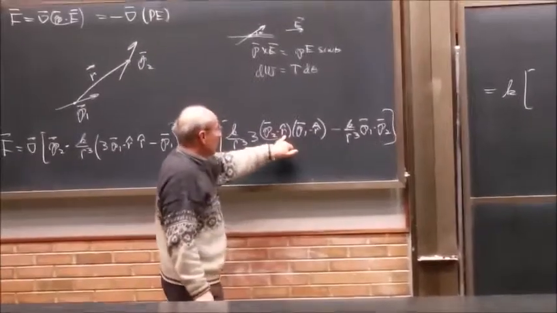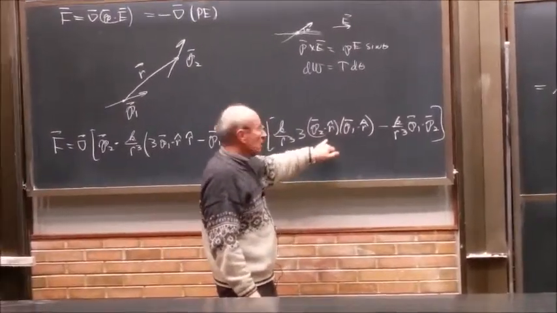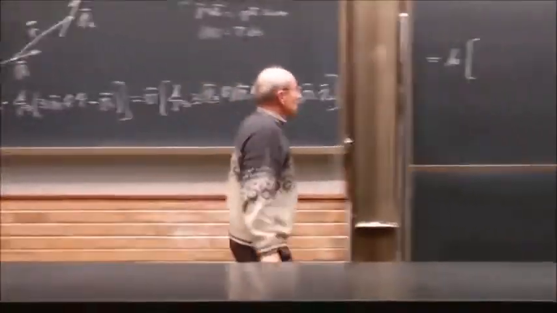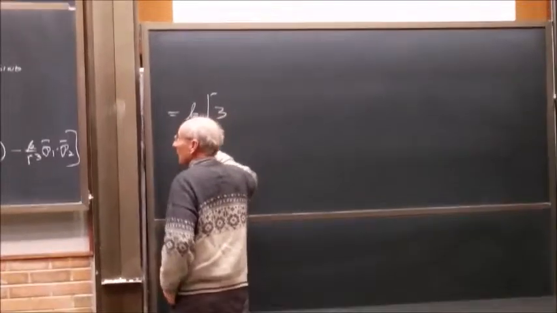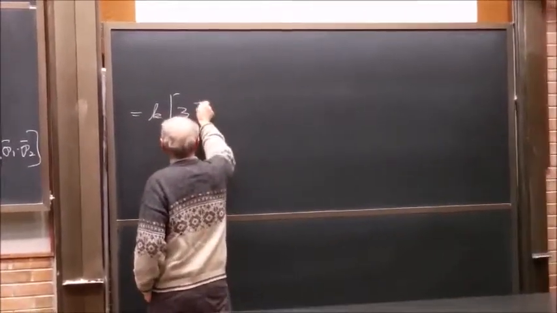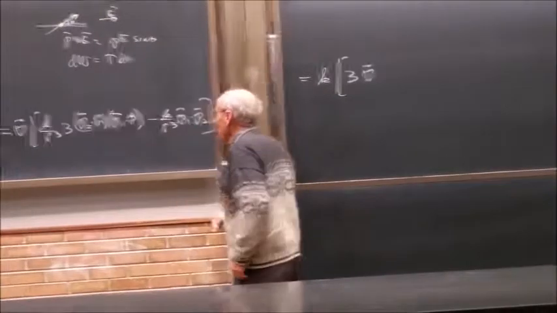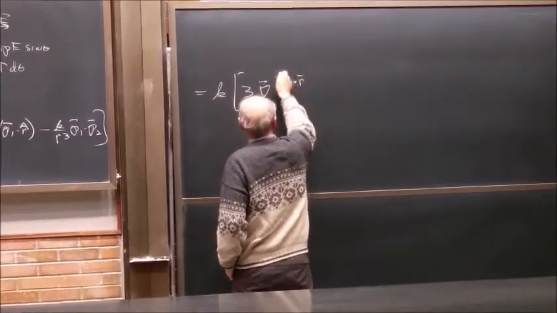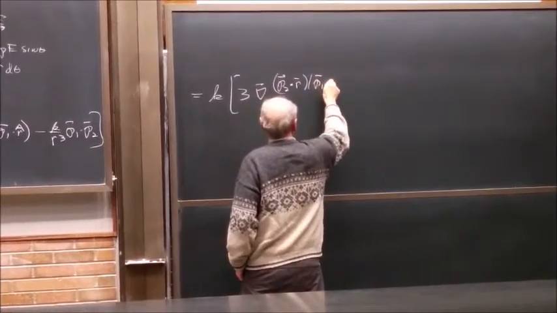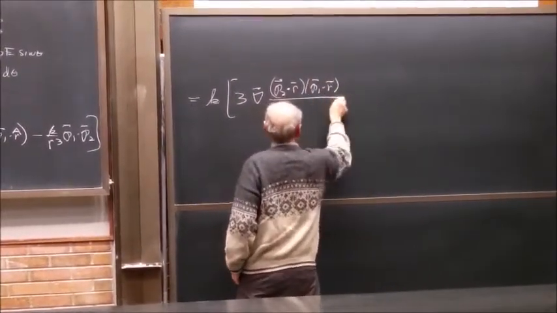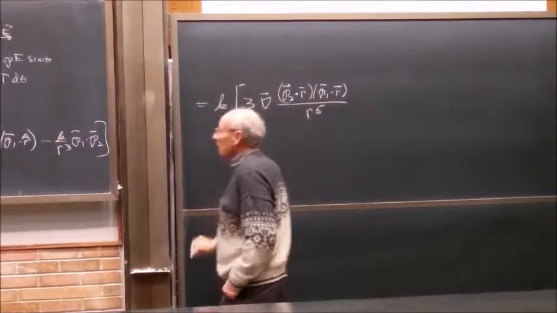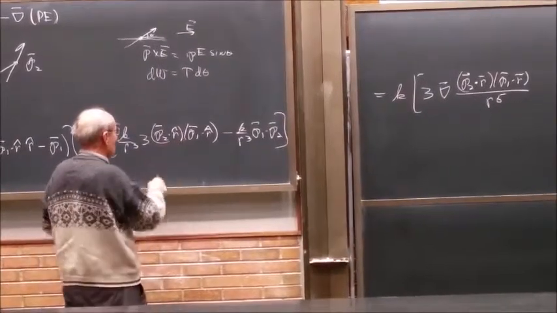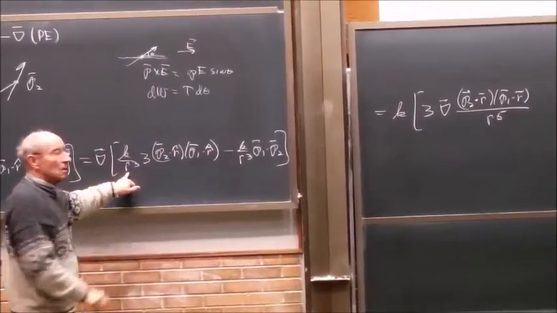I'm going to replace R hat by vector R over the magnitude of R, which will make this 3 times the gradient of P2 dot R times P1 dot R over R to the 5th, because each one of these is vector R divided by magnitude R. There are 2 of them, so that'll make R to the 5th.